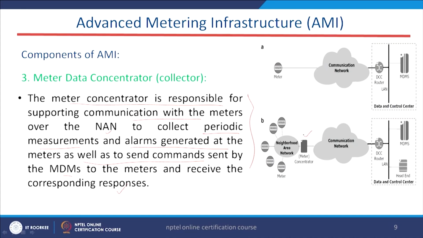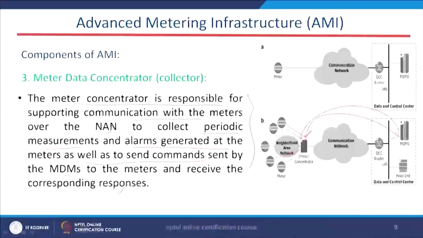Basically, first of all, this meter concentrator will collect the information from the smart meters through this NAN section, and again this meter concentrator will send the data to the MDMS, and also the reverse side. What is the reverse side? This MDMS will send the information or data, whatever we need in the operation of the smart grid system, to the meter concentrator.